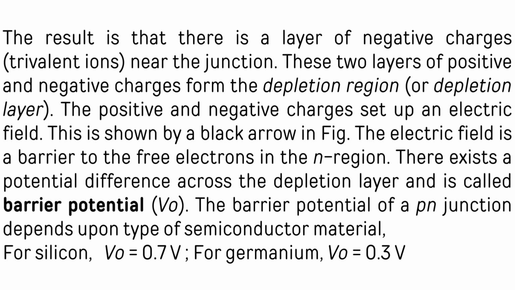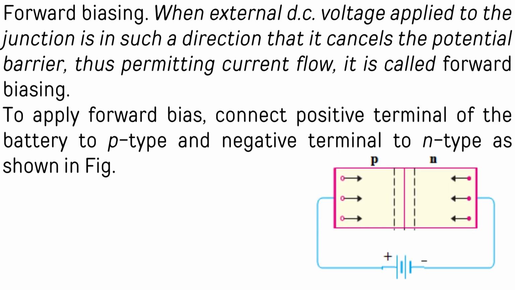Forward biasing. When external DC voltage applied to the junction is in such a direction that it cancels the potential barrier, thus permitting current flow, it is called forward bias. To apply forward bias, connect the positive terminal of the battery to the p-type and the negative terminal to the n-type, as shown in the figure.